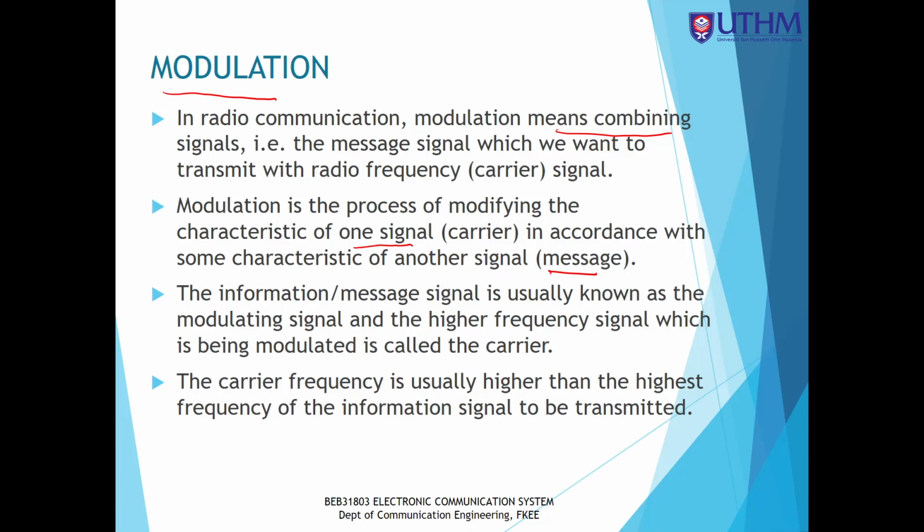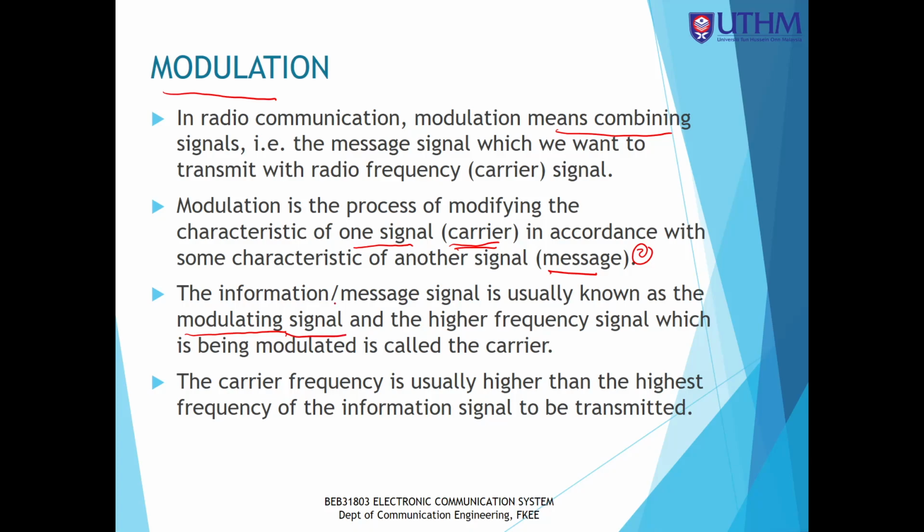So you will see later that the carrier signal has higher frequency compared to the input message. The carrier signal is within the range of AM or FM. We will see later. The information message is usually known as the modulating signal. So you see that there are other names. Here is the message signal, which is number 2.